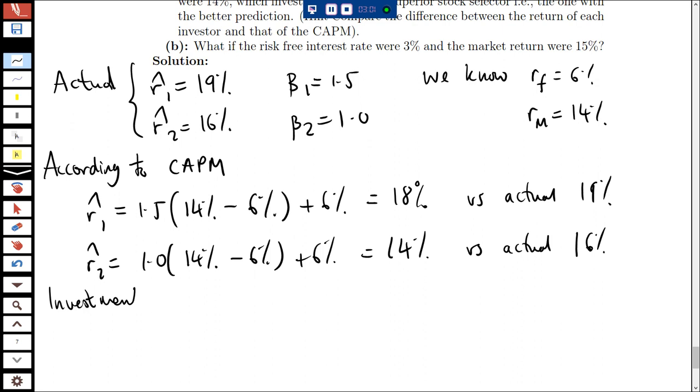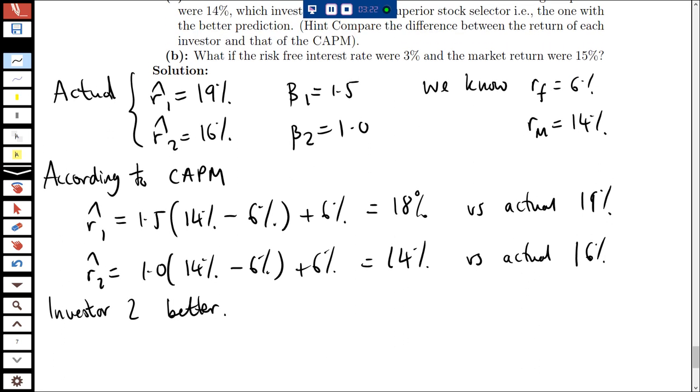So let's say investor 2 is better here. They got 2% more than what the model says, which is a bigger rate of return than the first investor. This is part A.